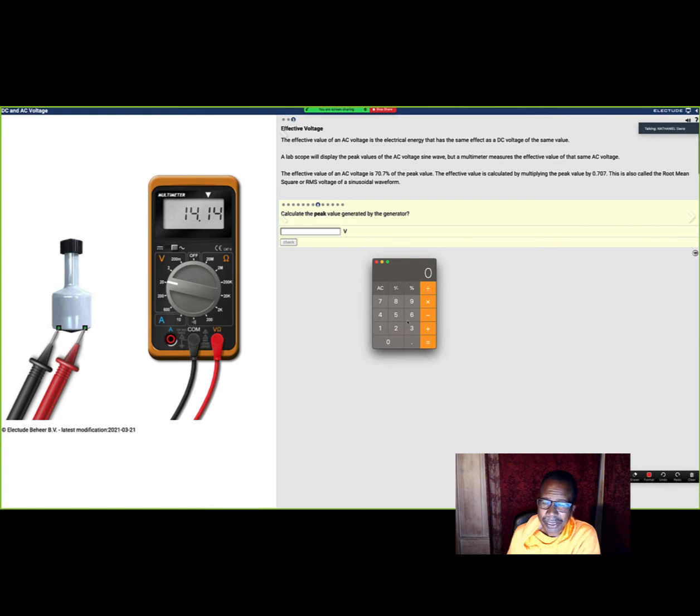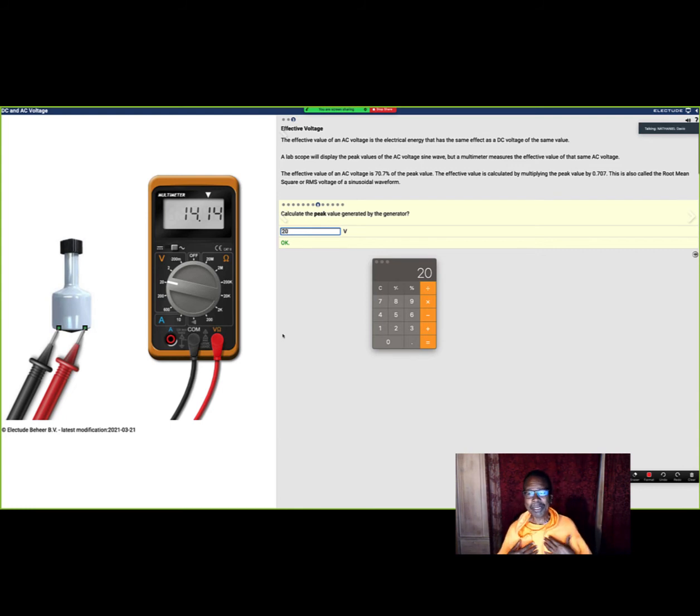If I do 14.14 divided by 0.707, I got 20. And I get it right. I was stuck on this for at least 40 minutes. I cannot figure out how you divide when it doesn't say divide.